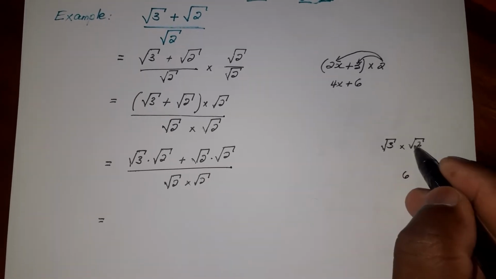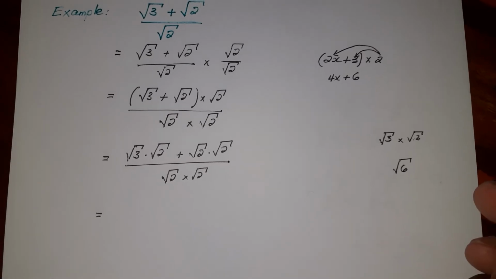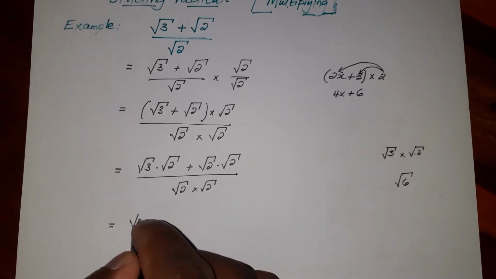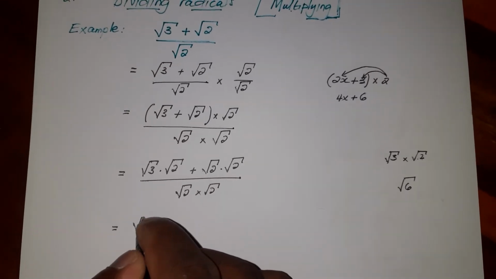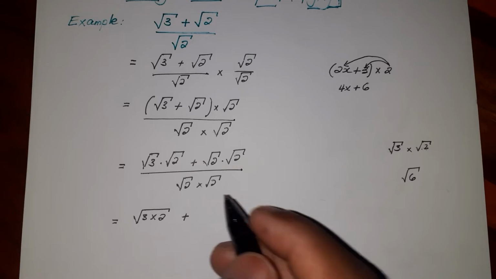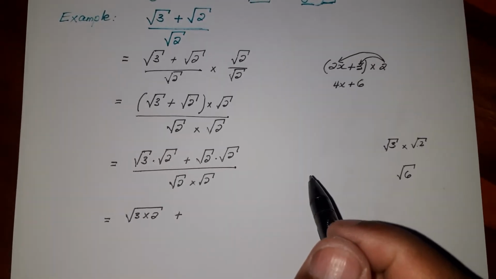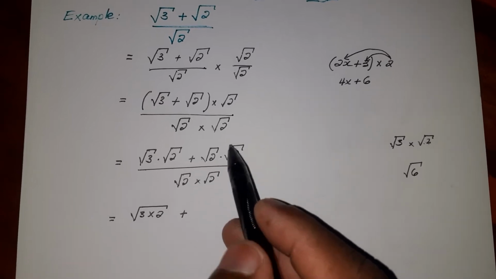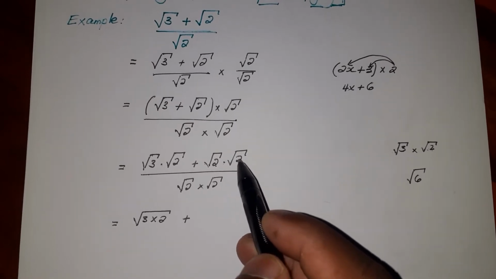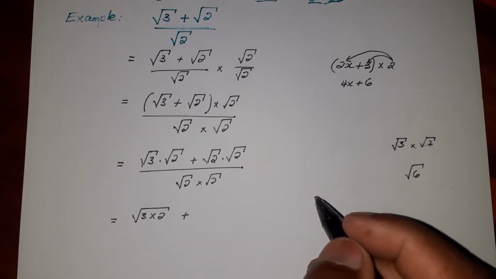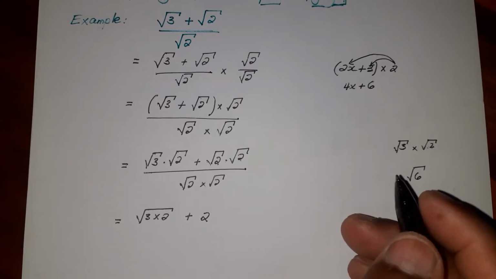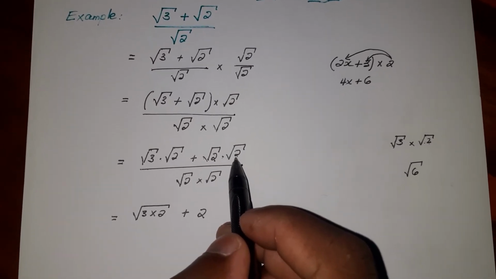But since they are all under the square root, we have the square root of 3 multiplied by the square root of 2. We know that 3 times 2 is 6, and since they are all under the square root, we can put that 6 under the square root. So we are going to write the square root of 3 times 2, plus, and here you need to take note, when you multiply the square root of 2 times the square root of 2, you get 2. The square root of 2 times the square root of 2, you only get 2. If it was the square root of 3 times the square root of 3, you would get 3.